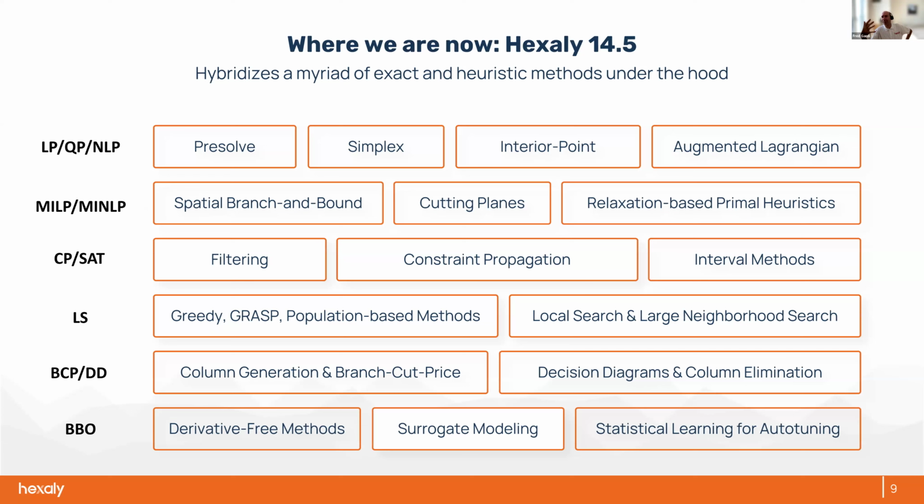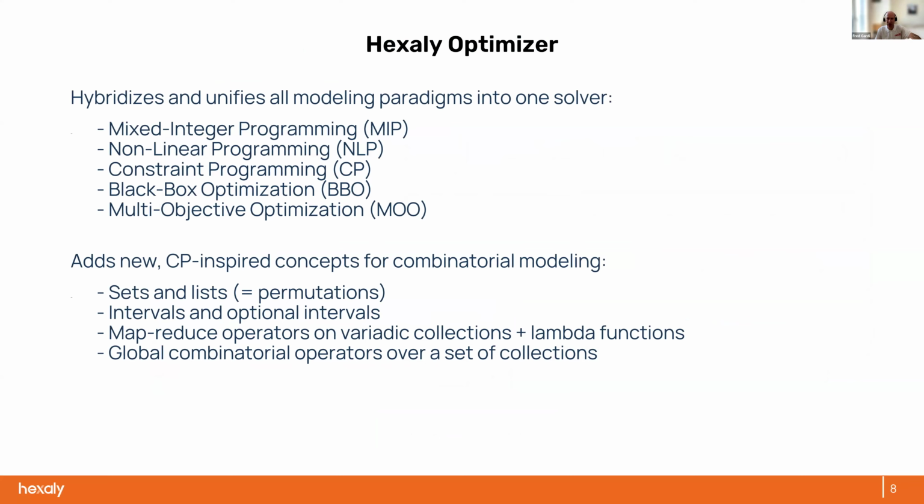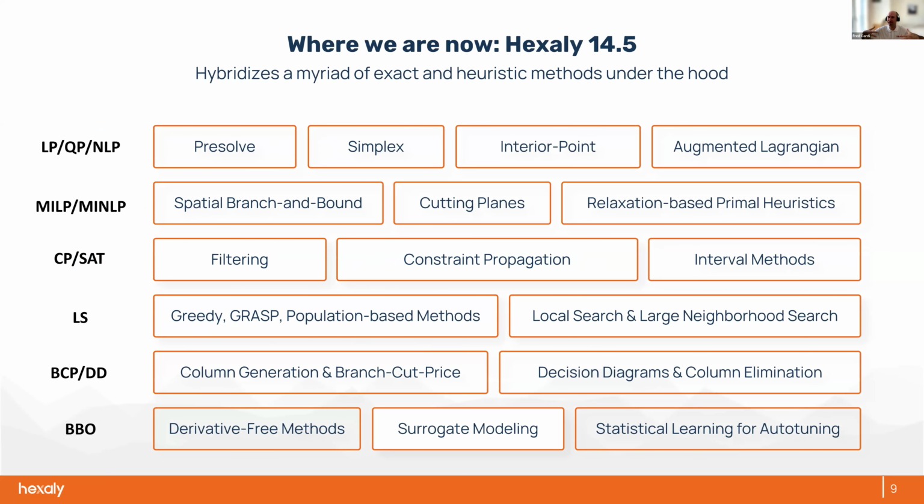And in the back end, at the solving level, having these higher modeling structures, especially the CP-inspired ones I just mentioned for combinatorial modeling, gives us more structure, more mathematical properties. They are higher level models, and we can take advantage of that. We can leverage more of the state of the art than with traditional MILP or even CP solvers.